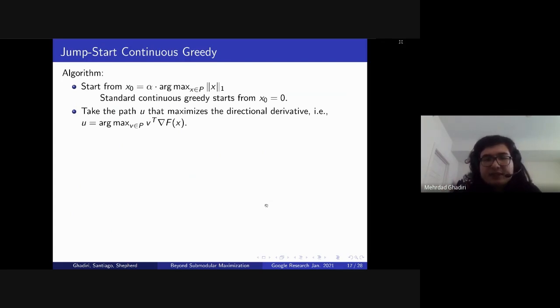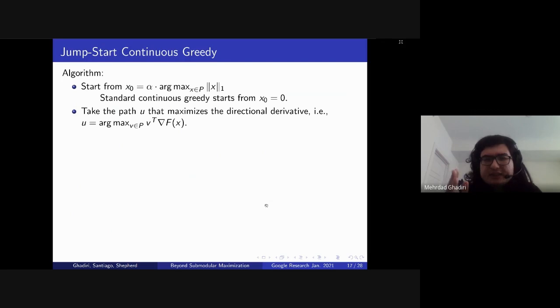And then we take a path that maximizes the directional derivative. So it is the vector v in P that maximizes v transpose the gradient of f at x. This step is exactly the same as the continuous greedy. Because in the first step we start from a non-zero point, we call this algorithm jump start continuous greedy.